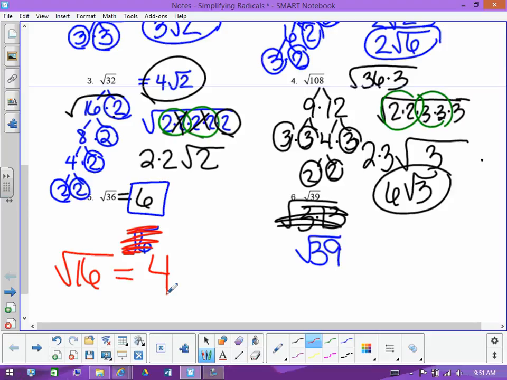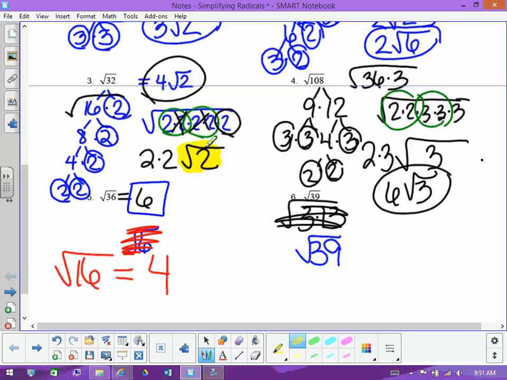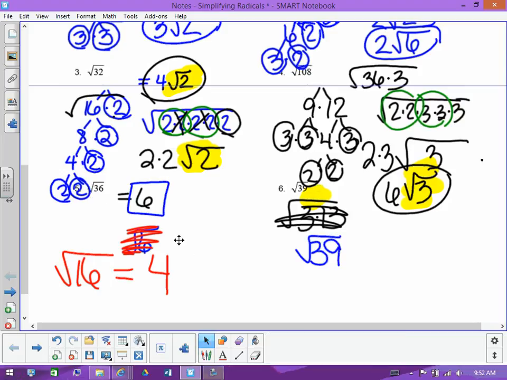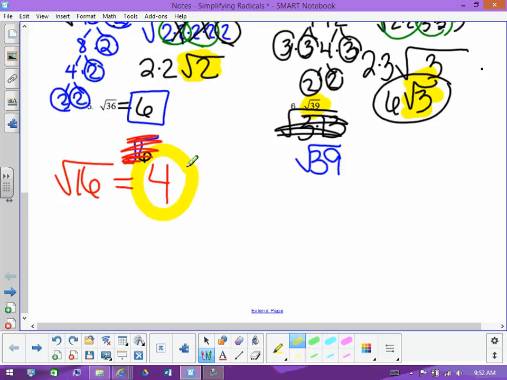The only time that we leave a sign on the answer is if it is a prime number and I can't take the square root of it. You understand what I'm saying? This comes up way more often than it should. Unless you cannot take the square root, you do not have that on your answer, okay? You simply leave it.